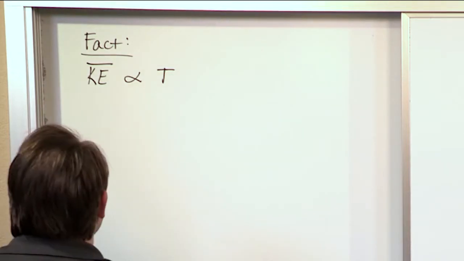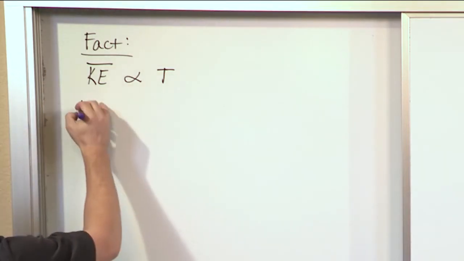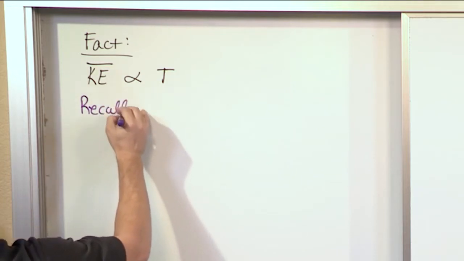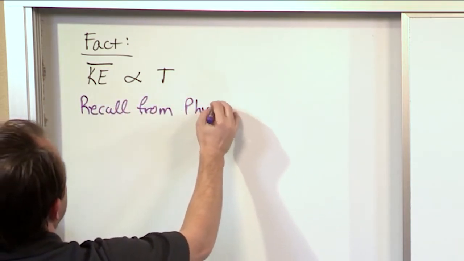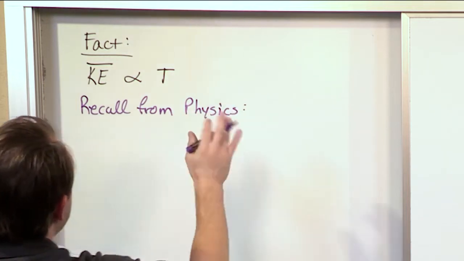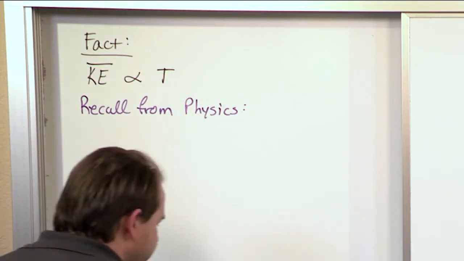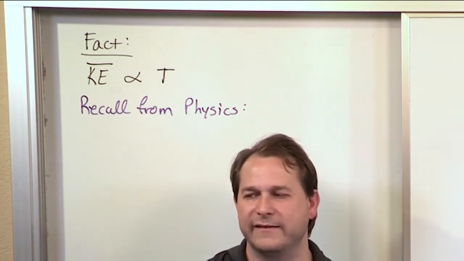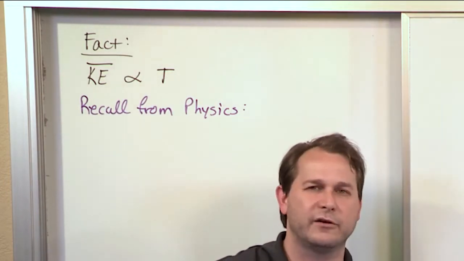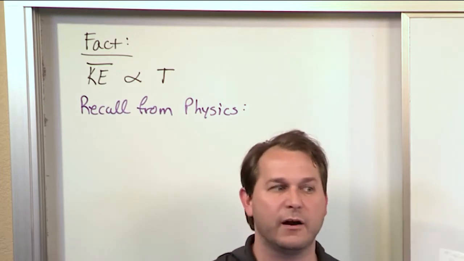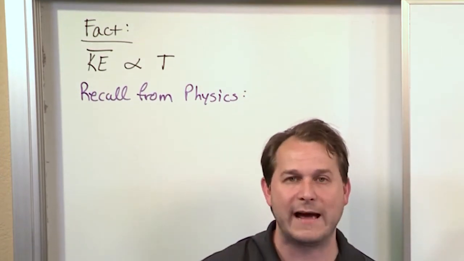Okay? Now we can also say a few interesting things. We can recall from a physics course. See, here we start to blur the line between physics and chemistry, because up till now we've been talking about chemistry and gases and how they behave in terms of chemistry, but now we start zooming in to molecules. We have to start talking a little bit about physics, because ultimately at the fundamental level, that's what's happening with the molecules.